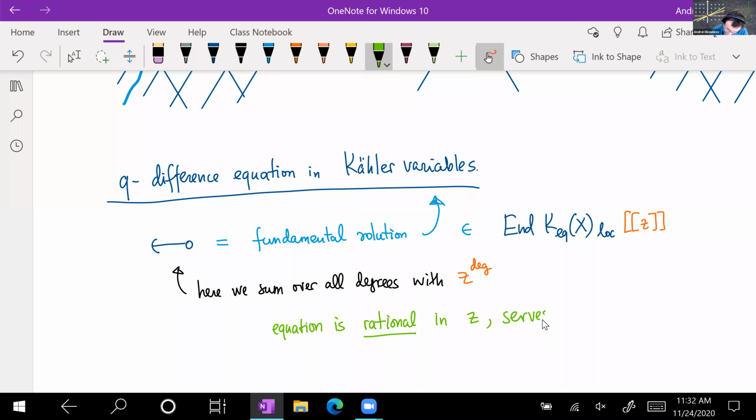It also serves the flop of X, a different birational model of X. If you're talking about a GIT quotient, it means a different choice of stability condition in the GIT quotient.